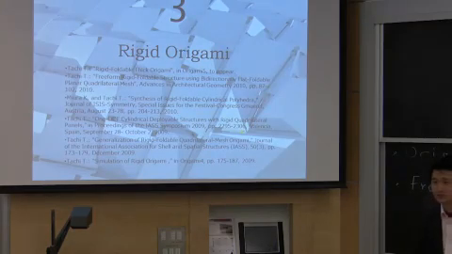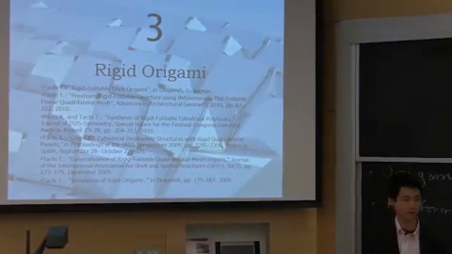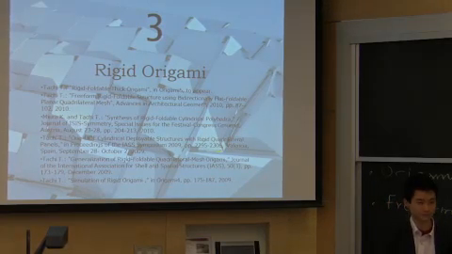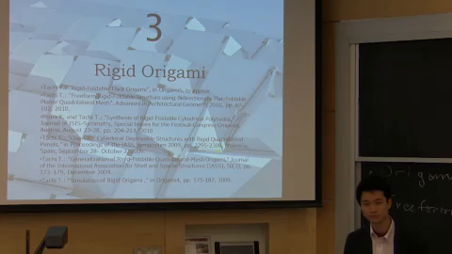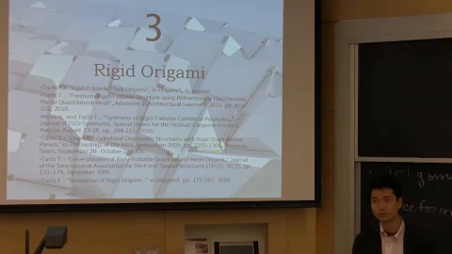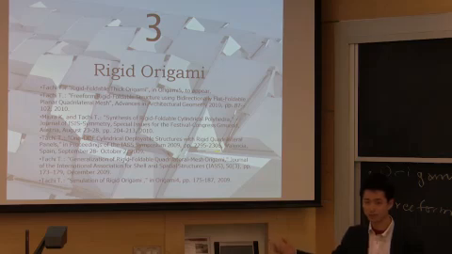So this was freeform origami. Do you have any questions about freeform origami? Why can't you solve directly for the final shape that you want? The question is, why do I not search for the 3D shape instead of gradually changing?